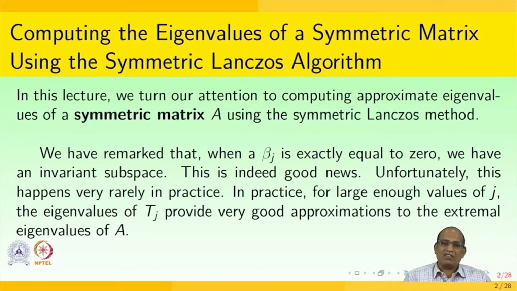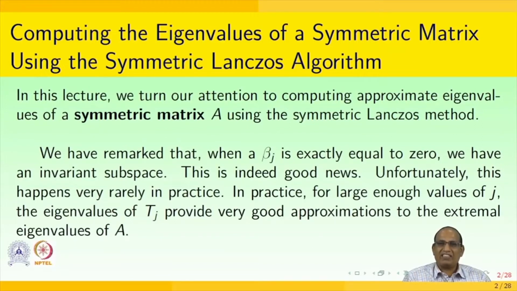We have remarked that when beta j is exactly equal to 0, we have an invariant subspace. This is indeed a new concept. Unfortunately, this happens very rarely in practice.